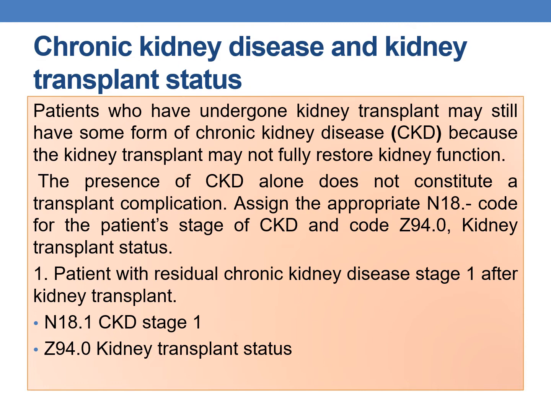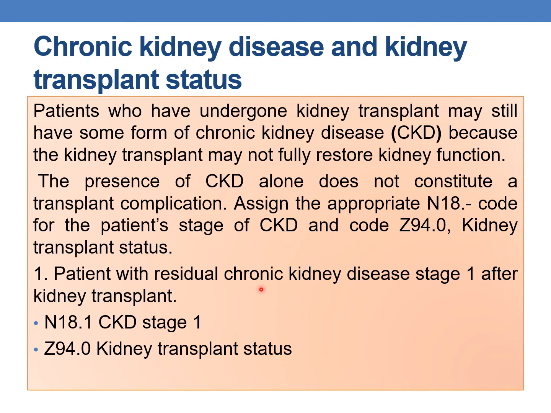Let us see one example for better understanding. Patient with residual chronic kidney disease stage 1 after kidney transplant. Here, patient has undergone kidney transplant. But as we have discussed earlier, patients who have undergone kidney transplant may still have some form of CKD.